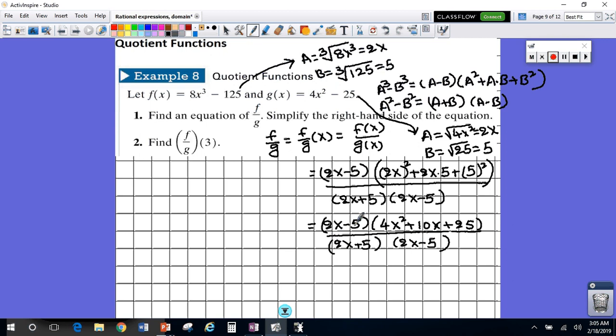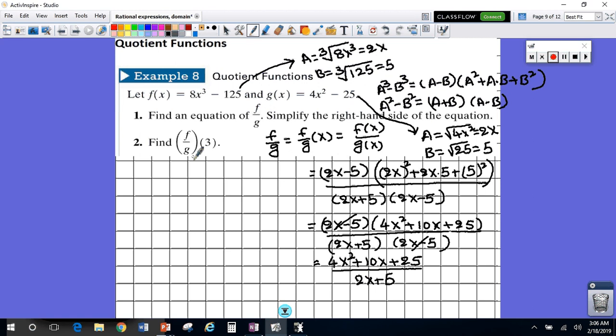Now what is common in the numerator and denominator? 2x minus 5. These two will be crossed out. So the answer is 4x square plus 10x plus 25 divided by 2x plus 5. This is the answer for the first problem.